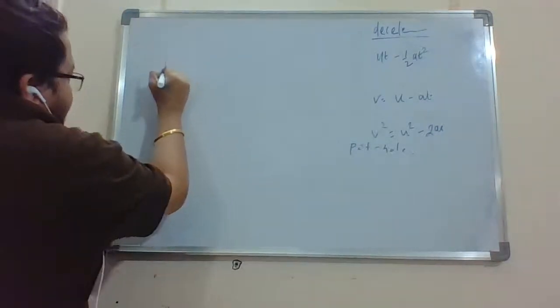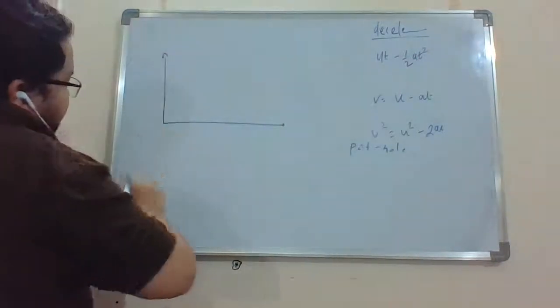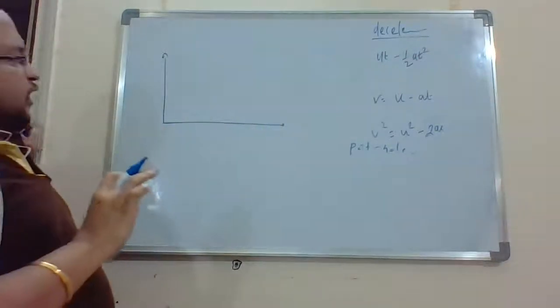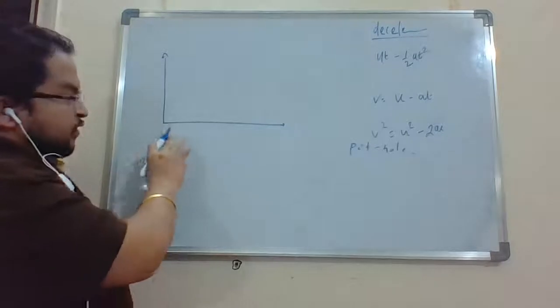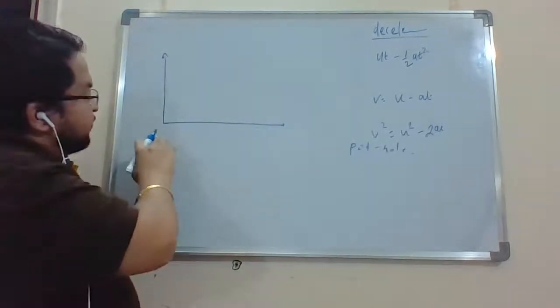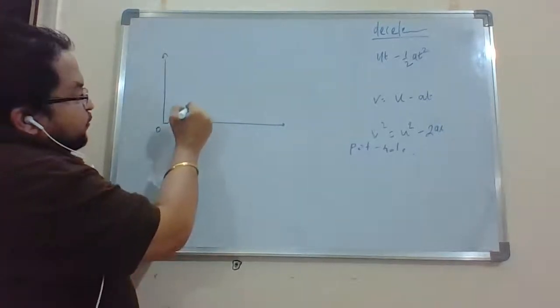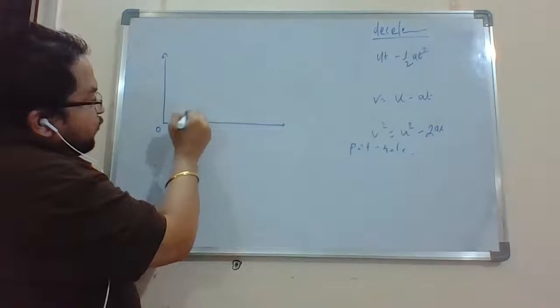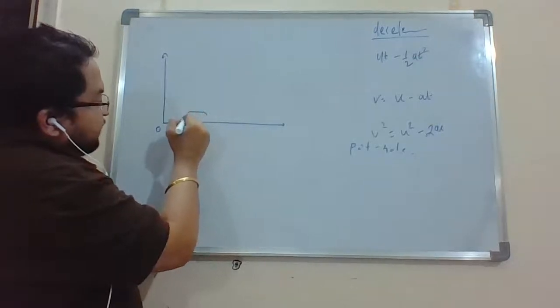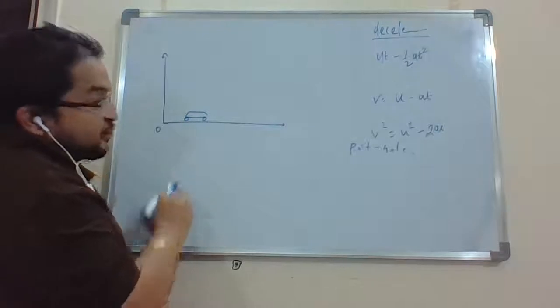So let me take a frame of reference. I'm intentionally taking two dimensions, though we are talking about motion in one dimension; even one dimension is good enough. Suppose here was that motorist, say a car, which is also a motor vehicle.